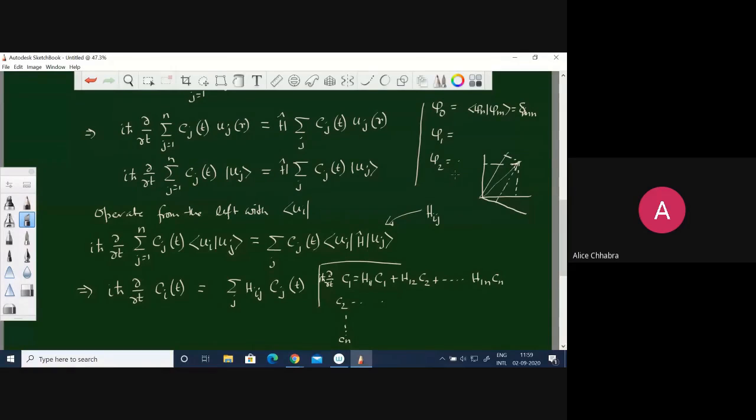So, sir, when you decompose psi as summation j equals 1 to n of cj(t) times uj(r), are you essentially taking the uj's as the basis or the cj's as the basis? No, uj's are the basis. Cj's are the projection of the psi.